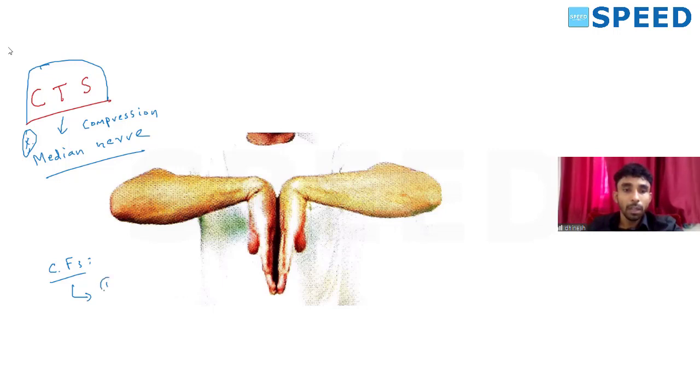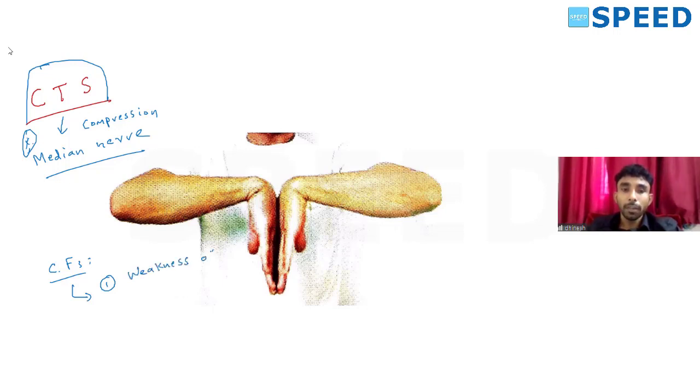I hope you know that in the palm the three thenar muscles are supplied by the median nerve. So if there is compression of the median nerve in carpal tunnel syndrome, there will be weakness of the thenar muscles.